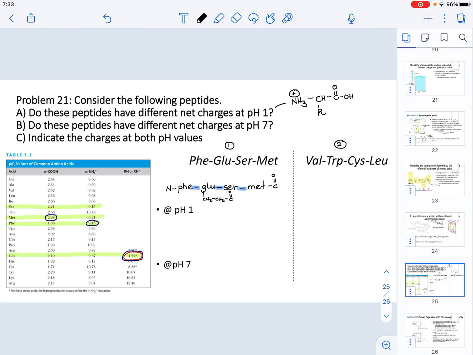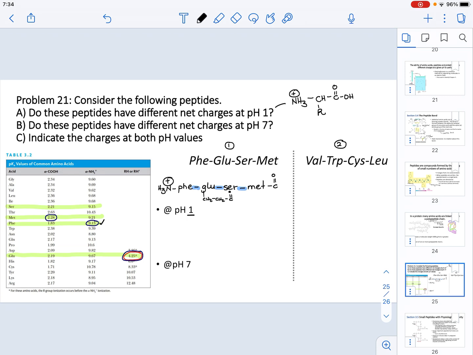Then I have to tell myself, well, at pH 1, the pH is so low that my amino group in my phenylalanine, since the pKa for it is higher than the value of pH, is going to be an NH3+.